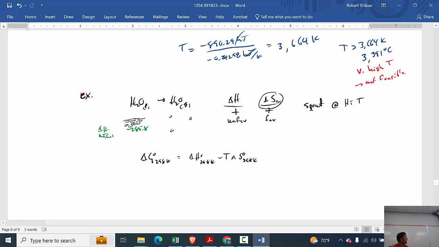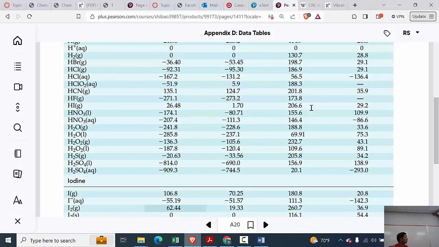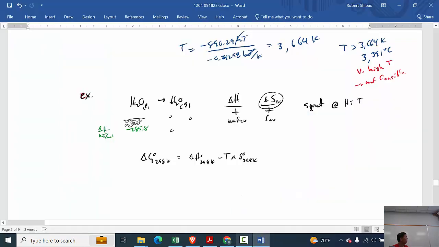And H2O gas is minus 241.8. Okay, this is under standard conditions, at 298 Kelvin.